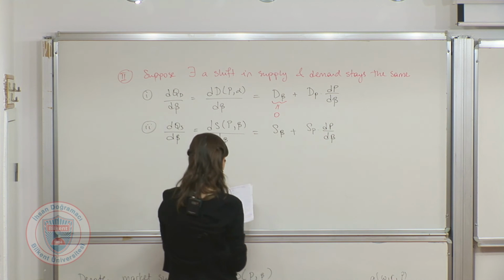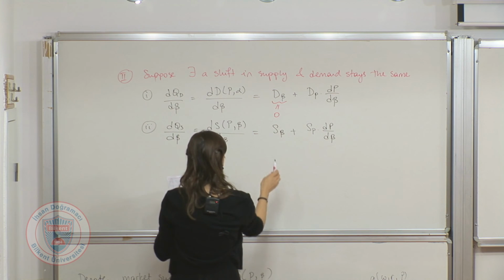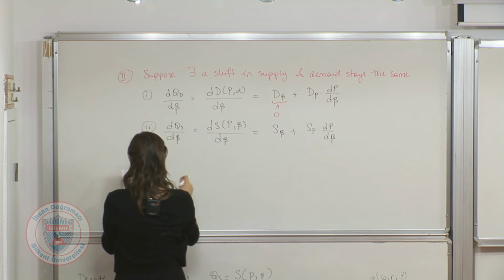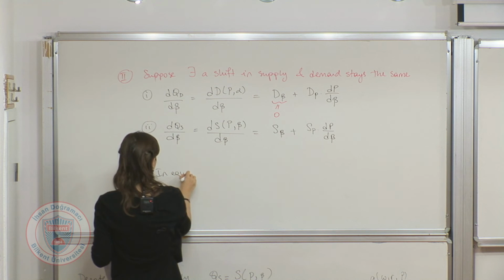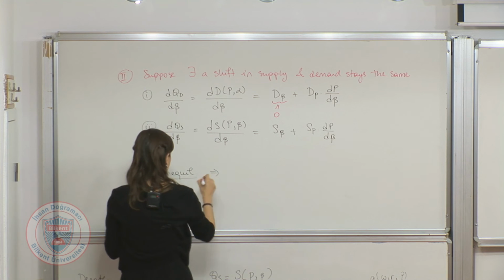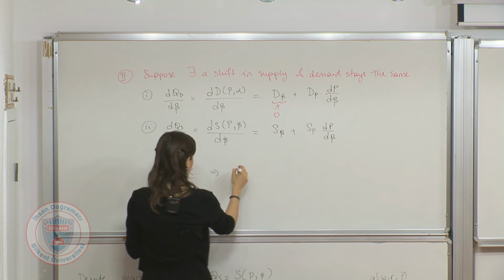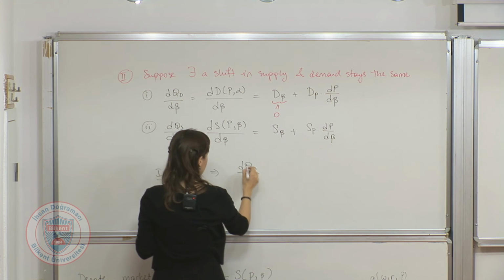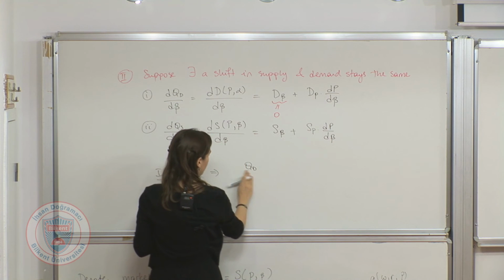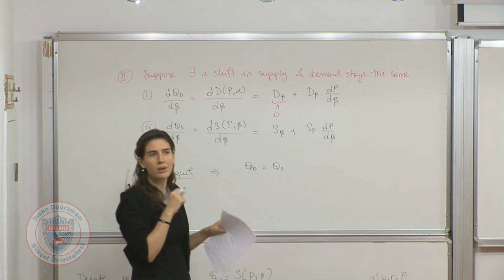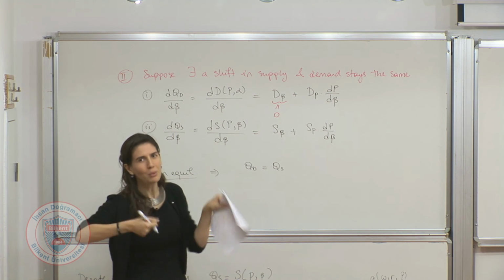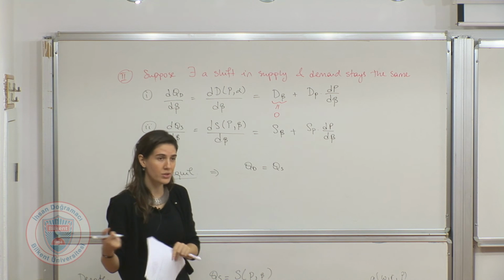So if you do similar stuff, and you set these the same, remember, we know that in equilibrium QD should be equal to QS. They were equal to each other to begin with, and we want them to be equal after the change as well.